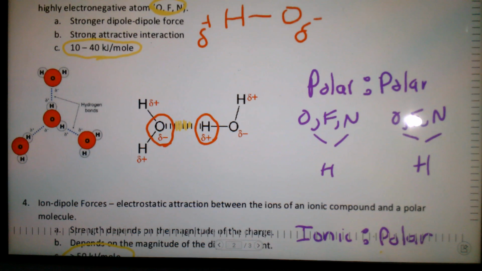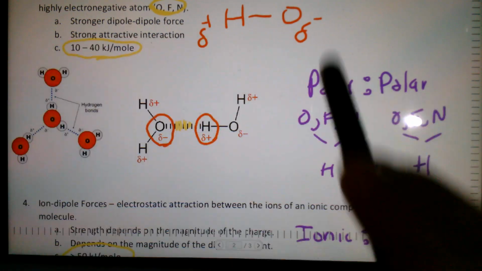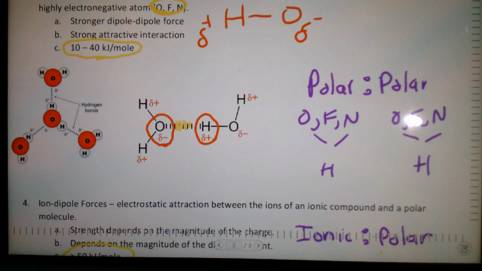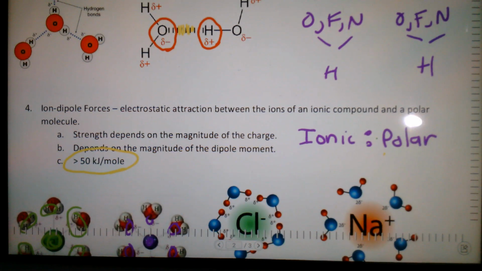So if you have something that's nonpolar, like CH4, you definitely can't have hydrogen bonding because it's nonpolar. And you definitely can't have dipole-dipole because it's nonpolar. It's not an ionic compound, so you rule this out. So the only thing that CH4 could have with another CH4 would be dispersion forces. If you can identify polar and nonpolar, it's going to help you put them into these different categories.